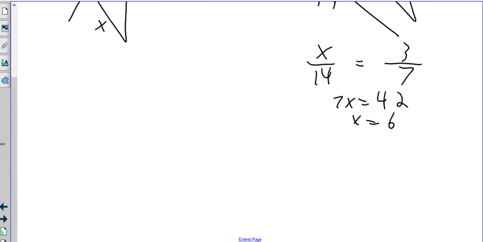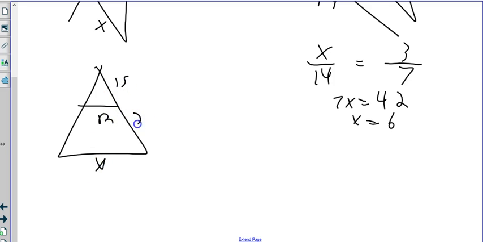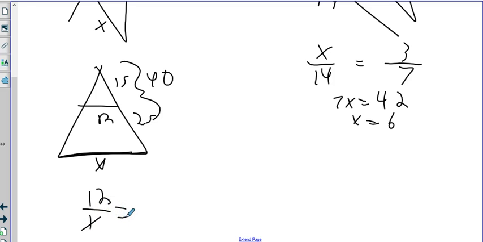Let's do this one. So we have 12 here, we're trying to find this, we have 15, and we have 25. Well, we're trying to find the big piece down here. That means we need this total here, which is 40. And now, we just do 12 is to x the same way 15 is to 40.